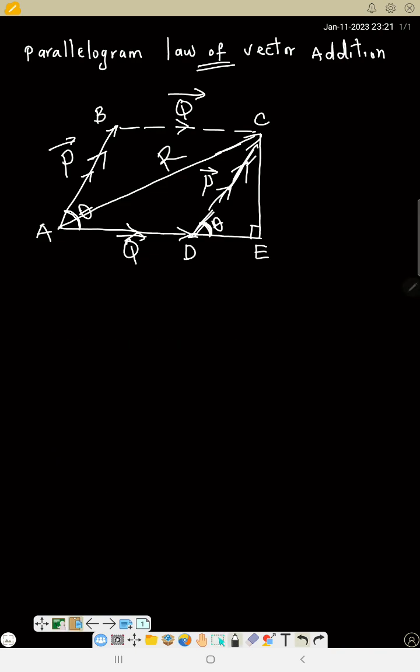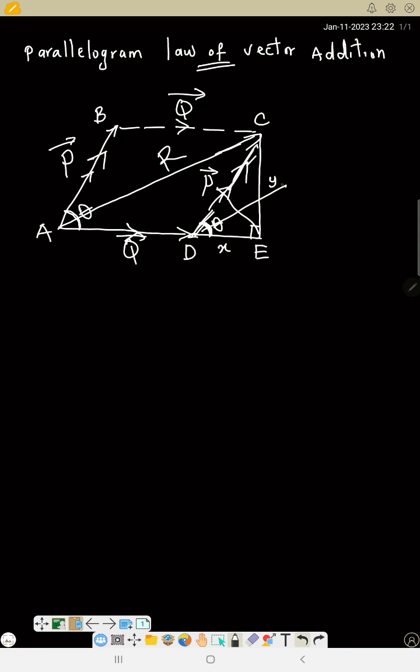So now what is this place? Let me call it y. And what is this place? Let me call it x. Now from this right angle triangle there, we can find this using SOHCAHTOA. So that will be opposite over hypotenuse.